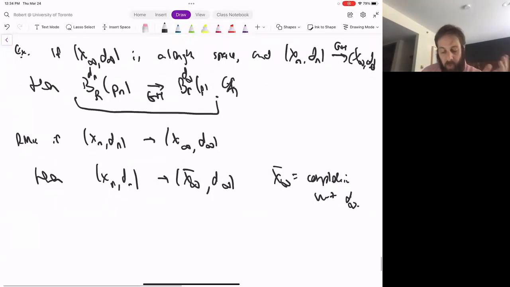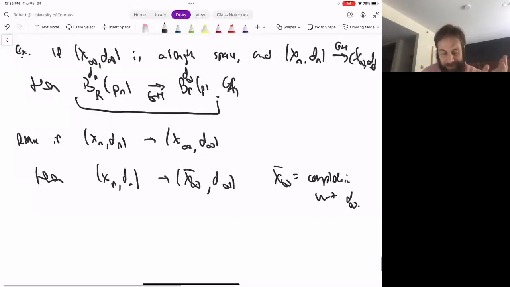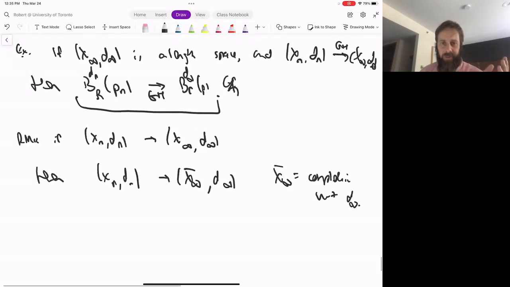And so we might as well only deal with complete spaces, because we can't distinguish an incomplete space from a complete space using these notions of convergence.